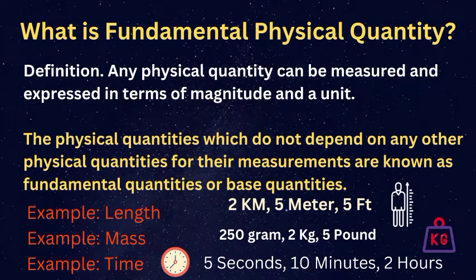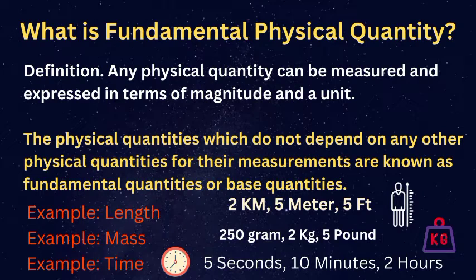Now, what is a fundamental physical quantity? We should be very clear in our concept, so it will be very easy to differentiate between the fundamental physical quantities and derived quantities. You know the definition: any physical quantity can be measured and expressed in terms of magnitude and a unit.